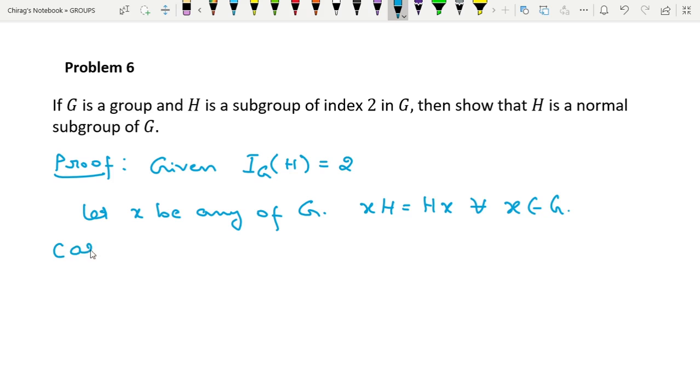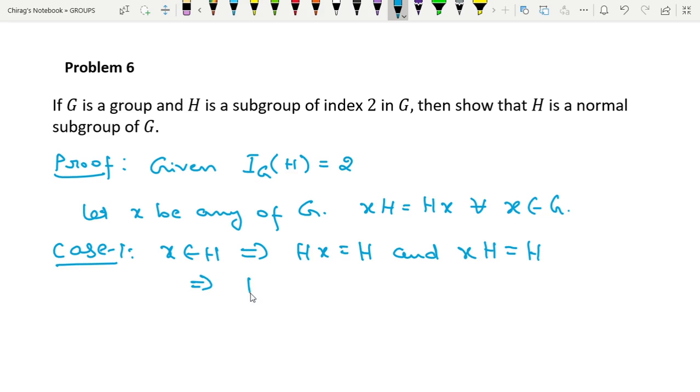Case 1: suppose X belongs to H. See, X may belong to H or X may not belong to H. So this implies HX will be equal to H, because H is a subgroup of G. If X belongs to H, then HX will be equal to H, and also XH is equal to H. So this implies HX will be equal to XH, when X belongs to H.